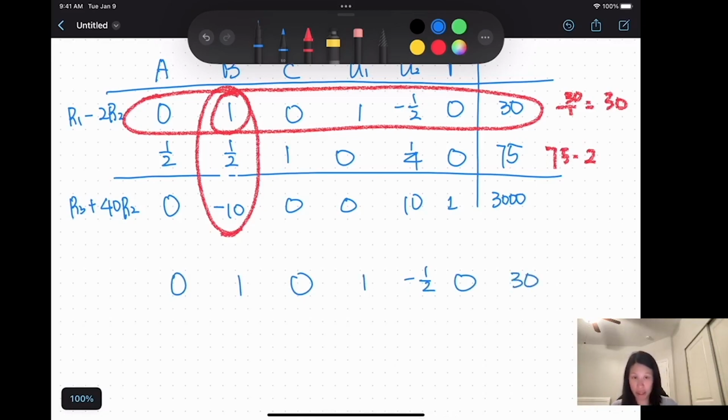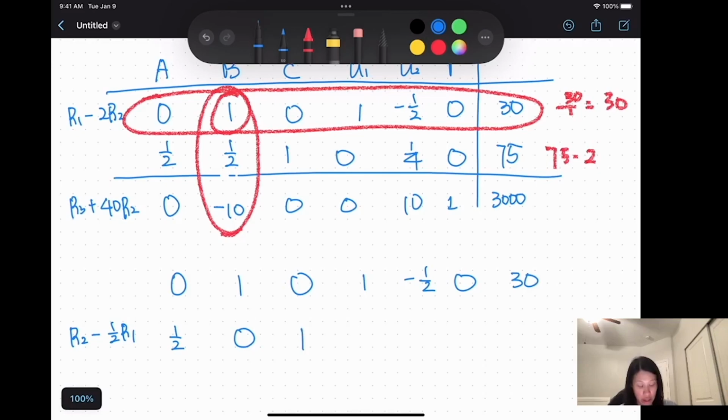Okay, so in order to make this become 0, I want the second row minus 1/2 the first row. So what we have here is 1/2 minus 1/2 times 0, which is 1/2, and the second one is 0, and then 1 minus 1/2 times 0 equals 0.